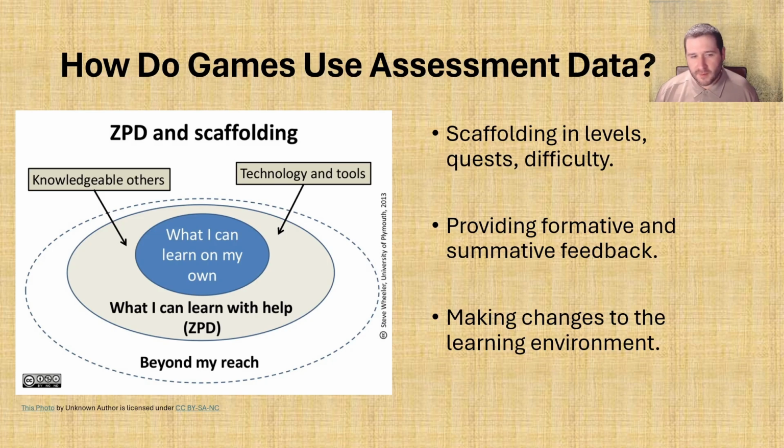Other things, maybe there are hints that pop up. Maybe there are options that make it easier. But our game should be assessing what is happening, if the learner is successful or not, and then trying to make changes to help them be successful if they're not succeeding already.